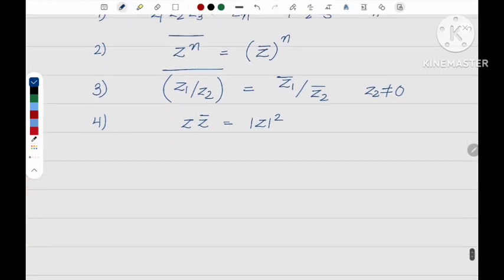Next one, 5, I can say z1 plus z2 plus, let us say, zn. So if I add n complex numbers and take the conjugate, then this will be equal to summation of respective conjugates.